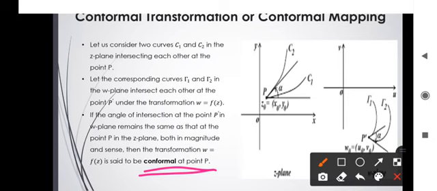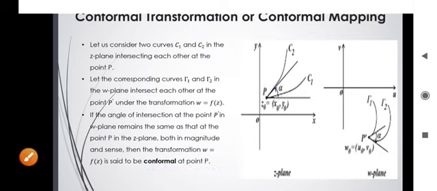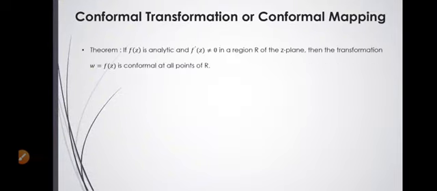Then the transformation W equal to f of z is known as conformal mapping or conformal transformation at this point of intersection P. So this is a particular case of transformation. Now we are going to see some important points from this conformal transformation.